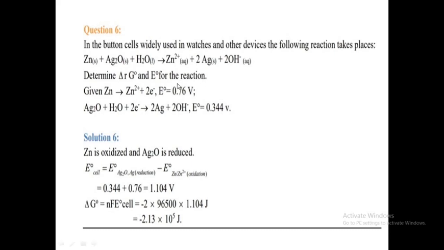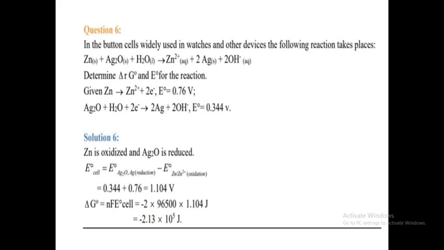So when we consider the reduction potential, the value will be minus 0.76 volt. Okay, so after putting minus 0.76 volt, minus the result will become plus. Okay, so the E naught cell is 1.104 volt.